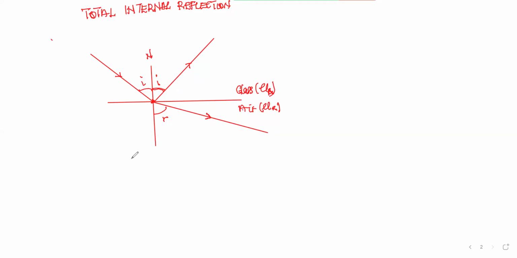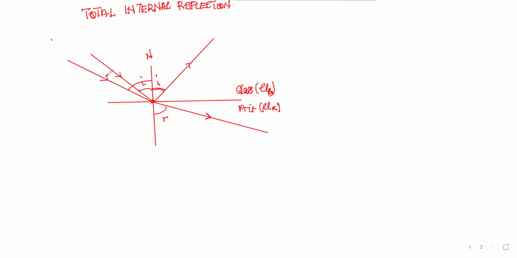Now, all that we want to do is vary the angle of incidence progressively. So if we begin with a lesser value of I, we increase the angle of incidence in the more dense medium gradually. As can be seen, this angle is less than this angle.